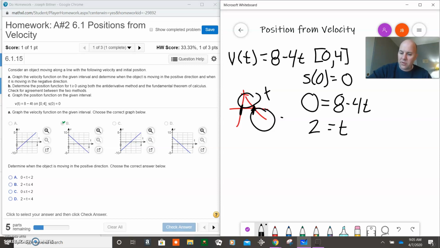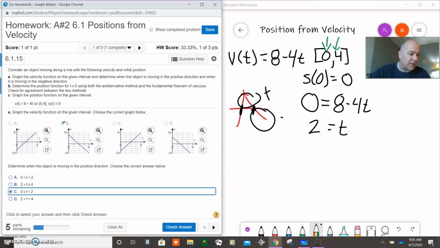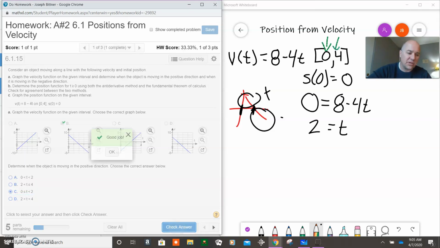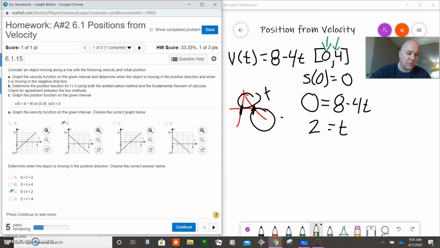And since up here, real quick, something you should take note of, since these values, the constraints, are including those values, you have to put an equal sign with those. So looking at it, I have A and C as my option. They're both 0 to 2. But I'm going to choose C because it says including 0, and that's because of my constraints. So definitely watch out for that. Something you should be kind of concerned with.